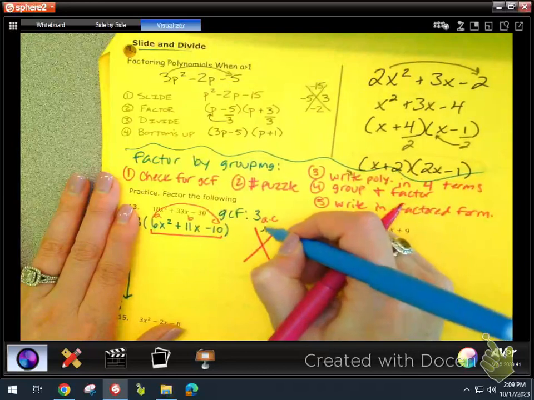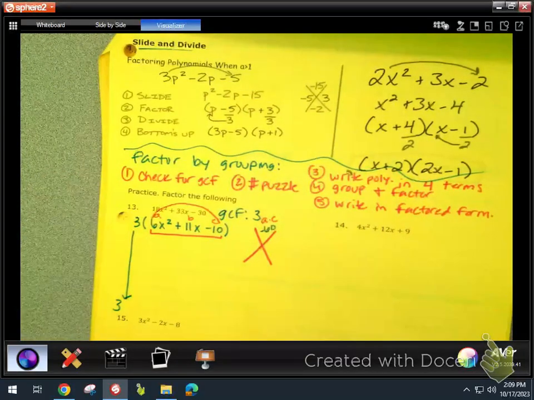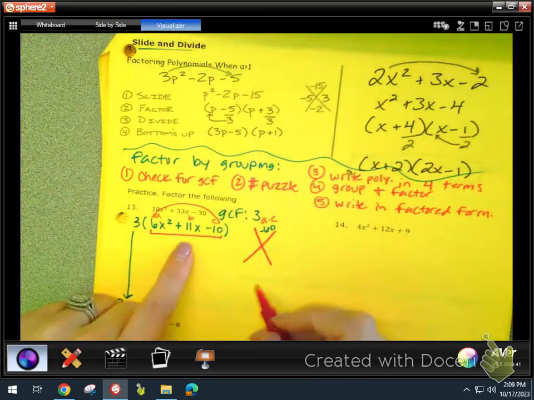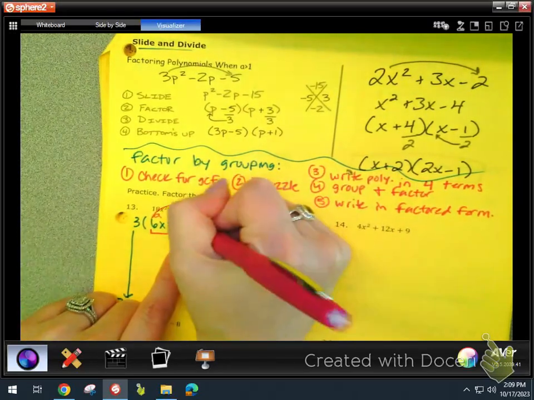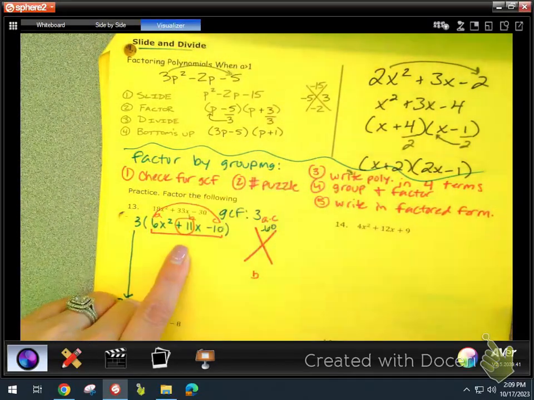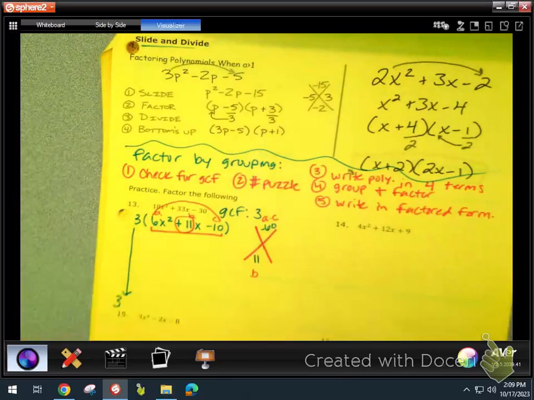Negative 60. So that's my product, okay? A times C. I'm looking for numbers that multiply to be negative 60. There's a lot. But there's only one pair of numbers that also sums to be B, the middle term, with the sign. So I'm going to put positive 11 at the bottom.